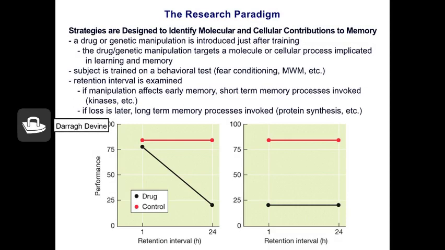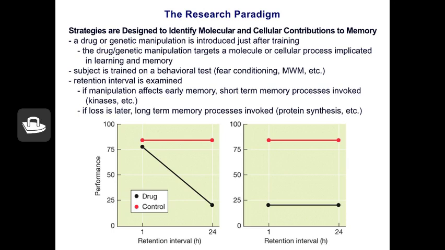Another approach to understanding memory consolidation is to administer a drug or other treatment, perhaps even an inducible genetic manipulation, just after the training, at the beginning of the consolidation period, following the procedures that I've just outlined. But then test the animal twice.